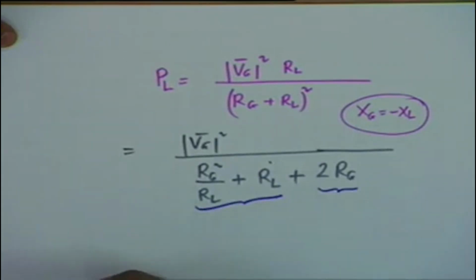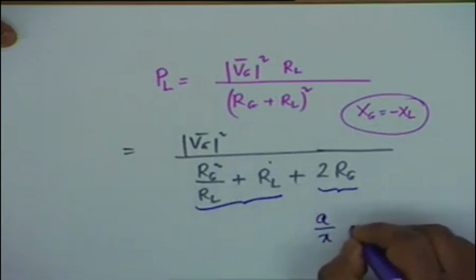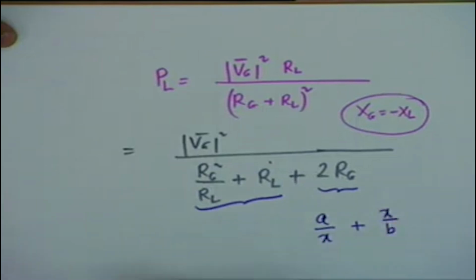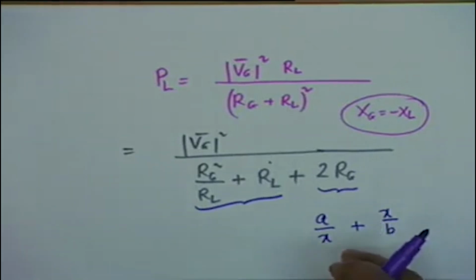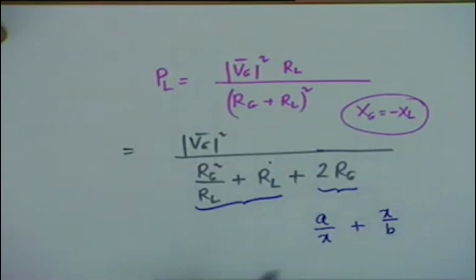and this is the thing that is variable. Whenever you have an expression of this form, a by x plus x by b, you should remember throughout your life that whenever you have an expression in which one of the components increases with the variable and the other component decreases, then the optimum, that means the minimum, is obtained when the two are equal.